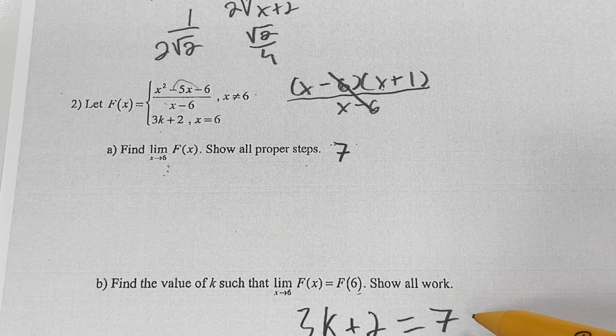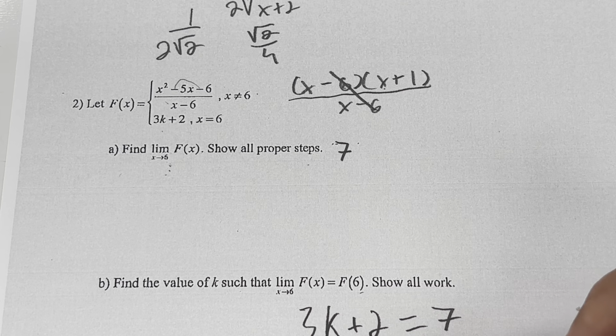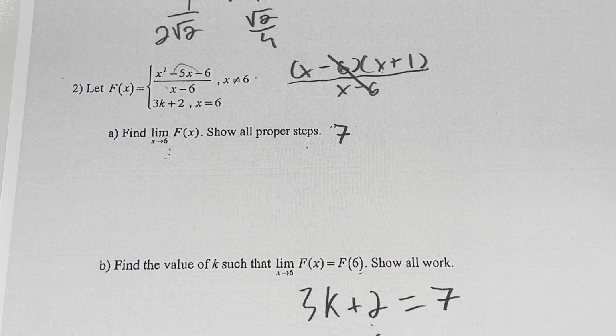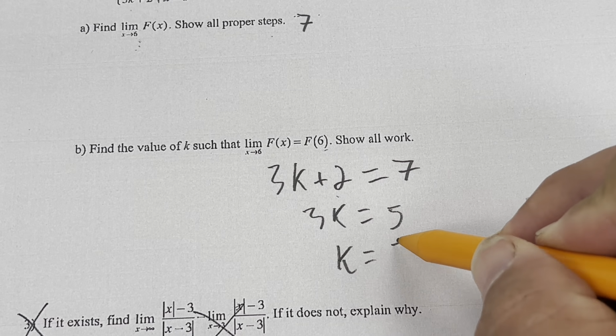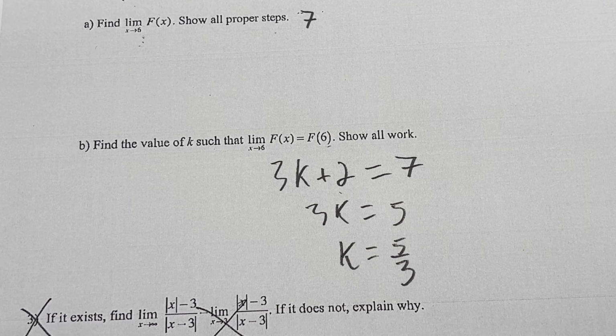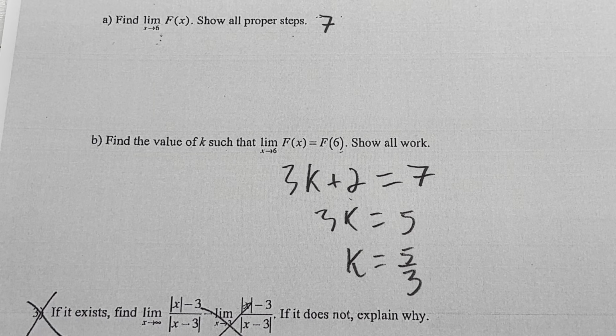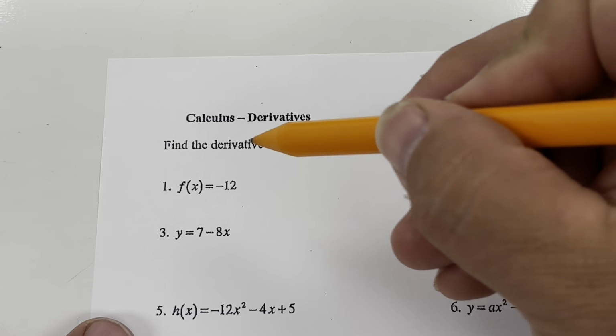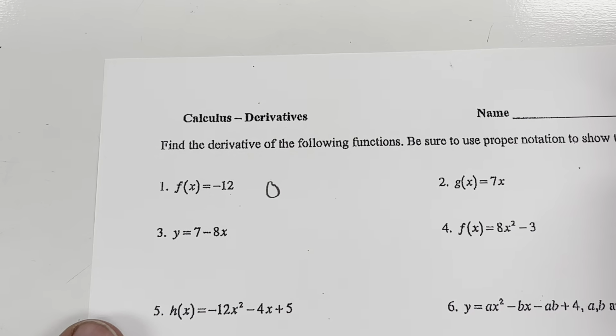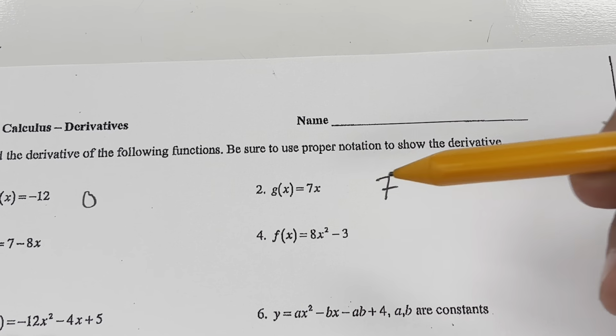And then we'll subtract 2, so 3k equals 5. So k would have to equal 5/3. Yay, take a derivative. The derivative of negative 12 is 0. The derivative of 7x is 7.